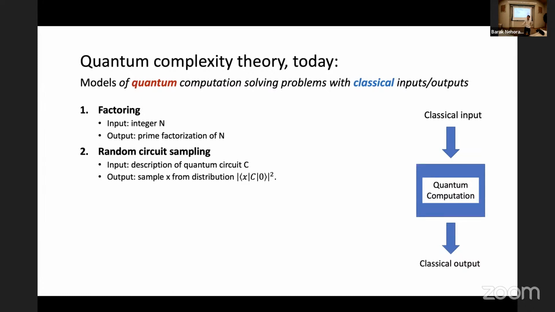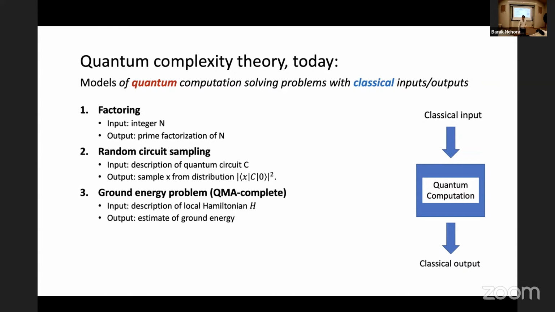Here you get as input a description of a quantum circuit C drawn from some distribution of circuits, and the output is a sample, a bit string, sampled according to the output distribution of this quantum circuit. We think that you need a quantum computer to perform this sampling task. But fundamentally, the inputs and outputs are classical.